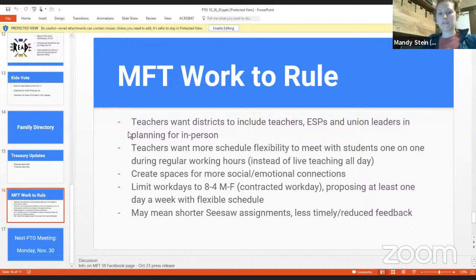But it does seem like if the teachers are only working their contracted workday, there are maybe going to be some trade-offs that parents are going to have to adjust to as they negotiate this. So Paul, can you talk about what your teachers sent out? Because I haven't heard anything other than what I've read online.